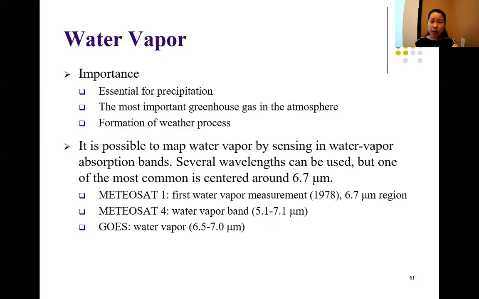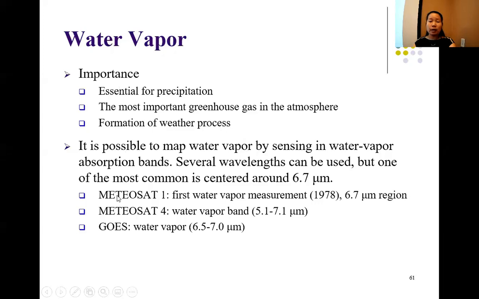So it is possible to map water vapor by sensing in the water vapor absorption band. Several wavelengths can be used, but one of the most common ones is centered around 6.7 µm.